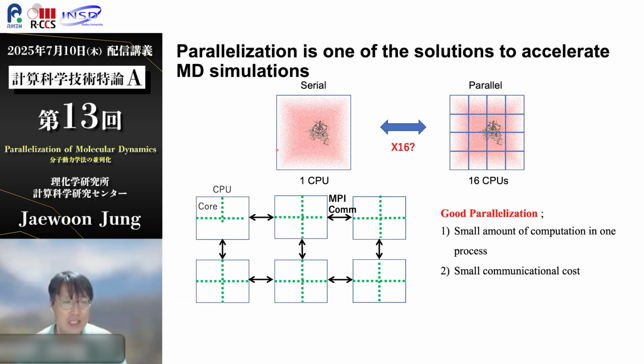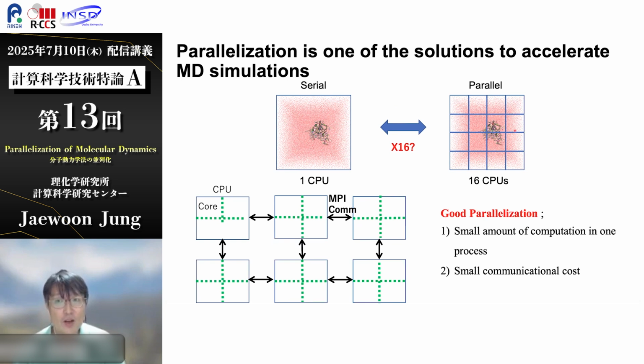For example, for this system, somehow by decomposing and by assigning the small amount of computational cost for each core, we want to accelerate according to the number of processors. So in this sense, to obtain this kind of good parallel efficiency, we need small amount of computation in each processor. And each processor should calculate almost similar amount of computation.